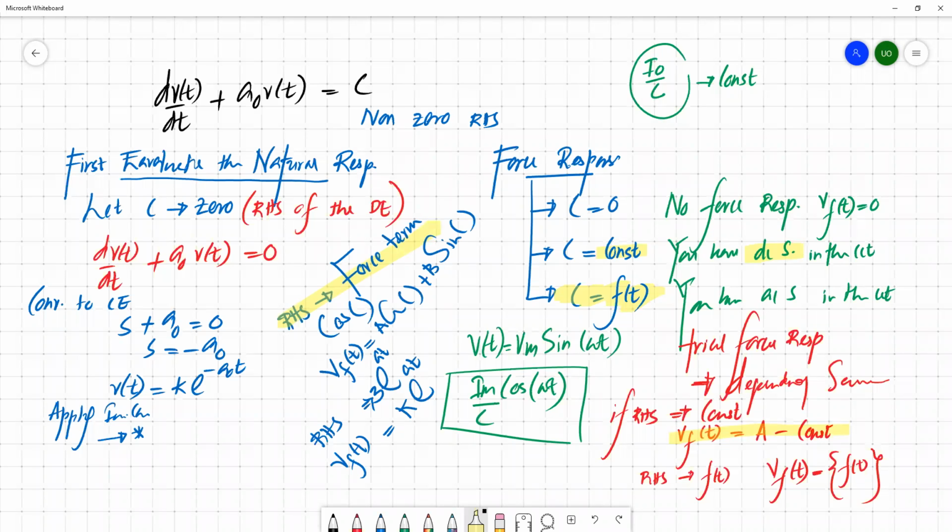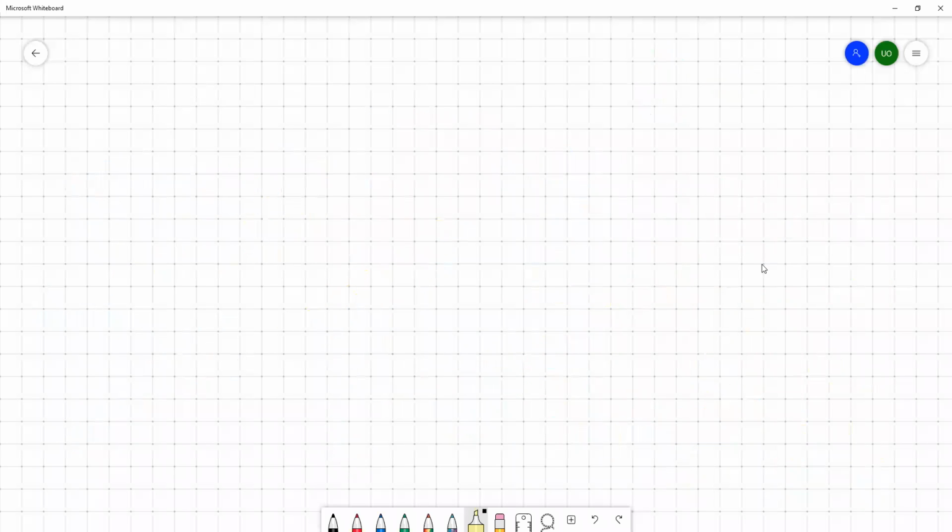So if your right hand side is a constant, your trial forced response would again be a constant. We'll see how to evaluate this. Now this is our differential equation, where C is a constant.